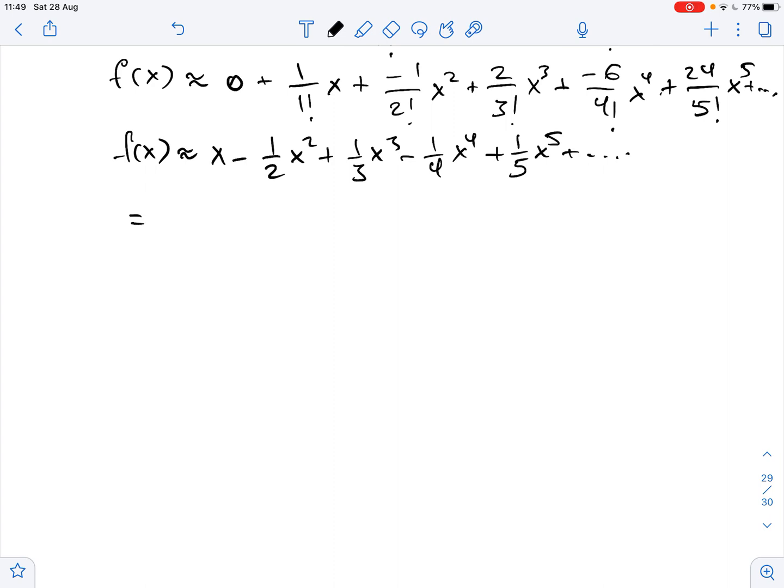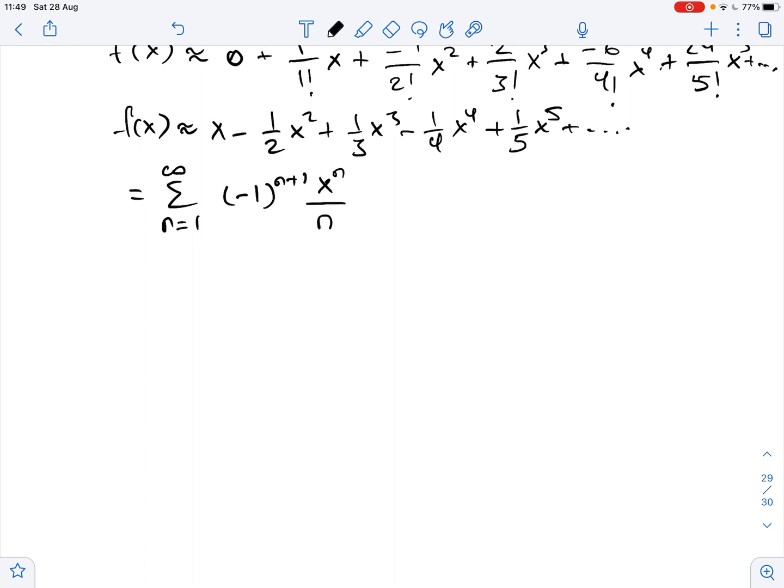So we can write down the series sum representation as the sum from n equals 1 to infinity of negative 1 to the power of n plus 1 times x to the power of n over n. Now we will apply the ratio test and find the interval of convergence.